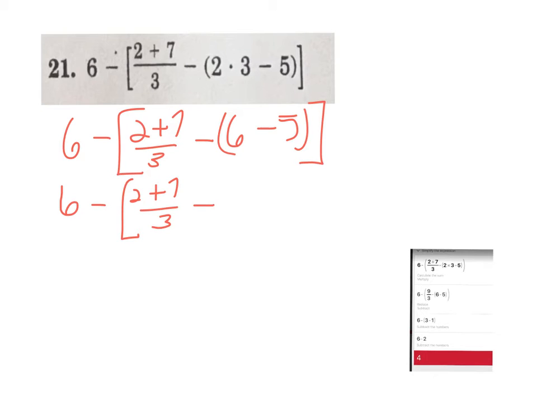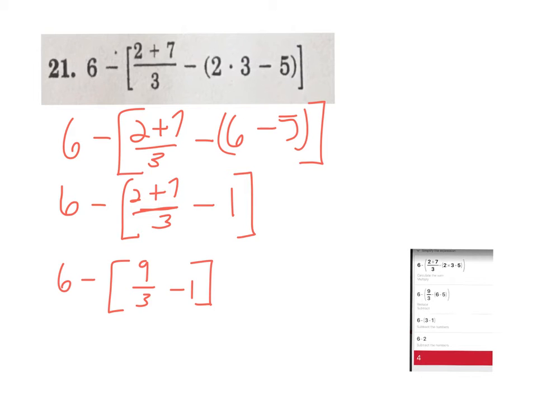Minus 6 minus 5, obviously, is going to be 1. Bring down everything else. Now I've got another set of grouping symbols to deal with, right? 2 plus 7 is technically being grouped by the fraction bar. So 6 minus 2 plus 7 is 9. Again, bring down everything else.